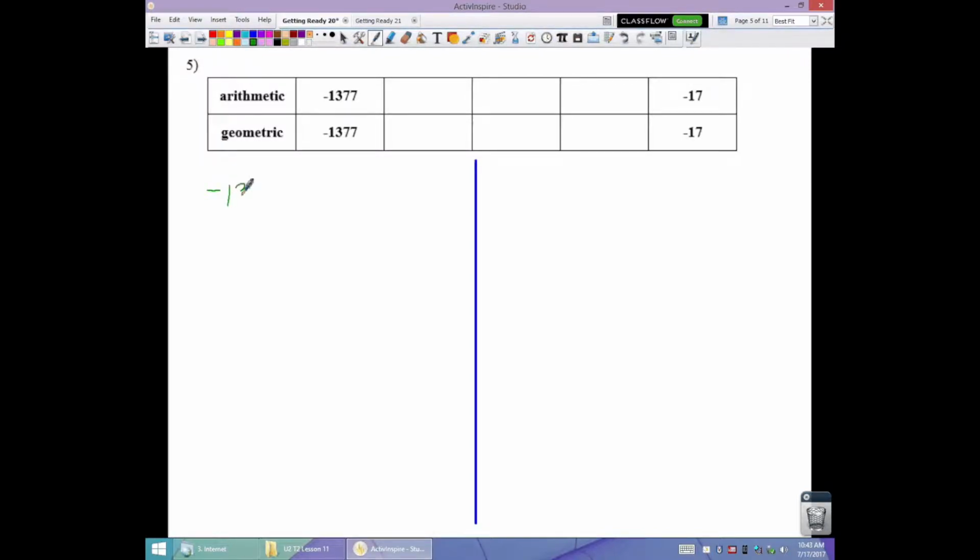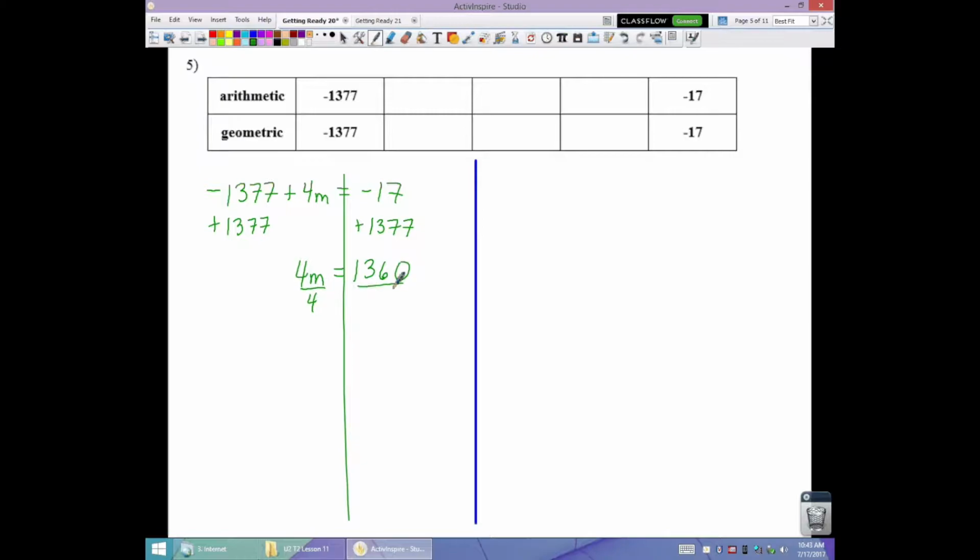So arithmetic, negative 1377 plus 1, 2, 3, 4 times. We're adding the common difference and reaching negative 17. Add 1377 to both sides. So I'm left 4m equals 1,360.